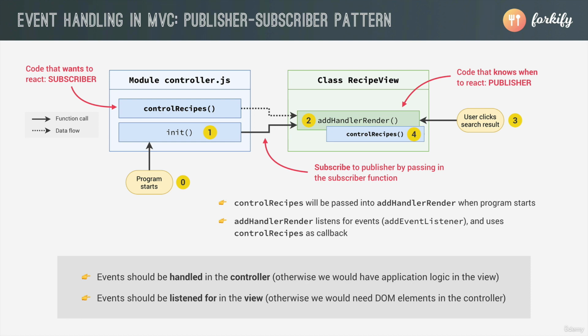All right, and this is how we implement event listeners and event handlers in the MVC architecture. So this will allow us to keep the handler in the controller and the listener in the view. And by that, keeping everything nicely separated. So in summary, the handler subscribes to the publisher, which is the listener in this case, and then as the publisher publishes an event, the subscriber is executed.